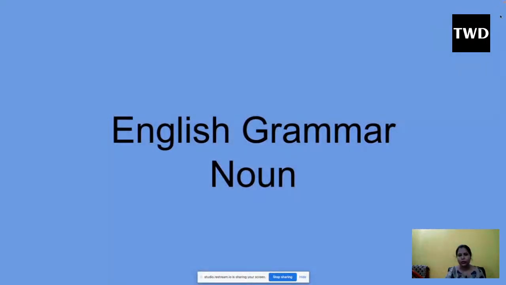So today we are going to learn about nouns, and you all might know about nouns, but the confusion you might be having in your mind is why we are learning nouns. If you look into the structure of a sentence, first of all, our structure contains a subject, then comes the verb, and then comes the object.